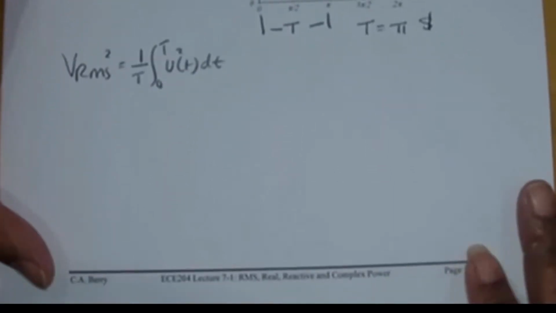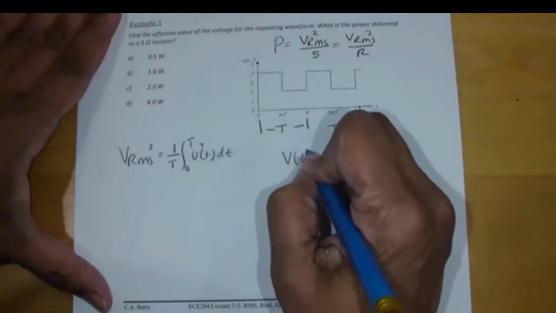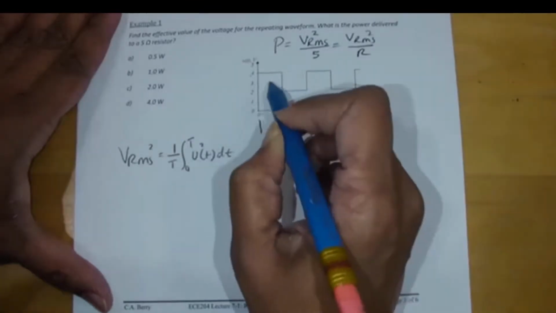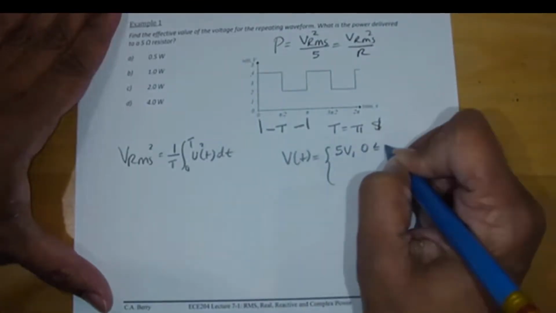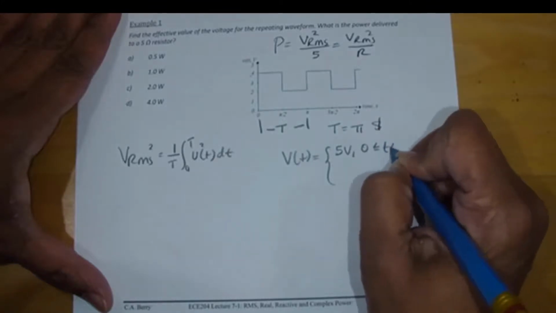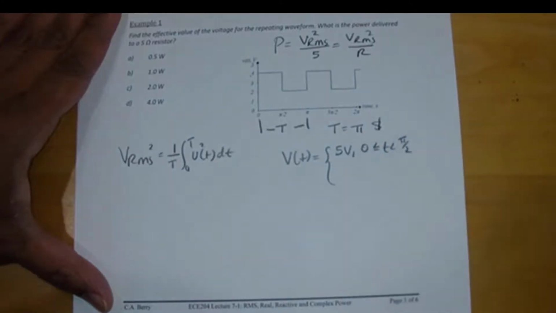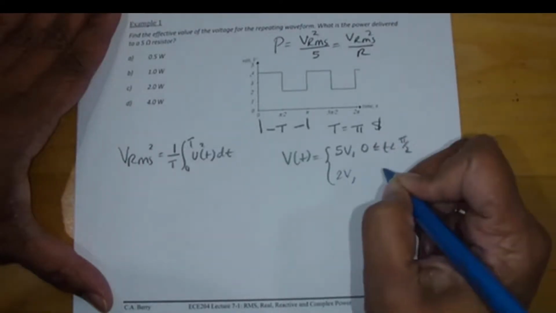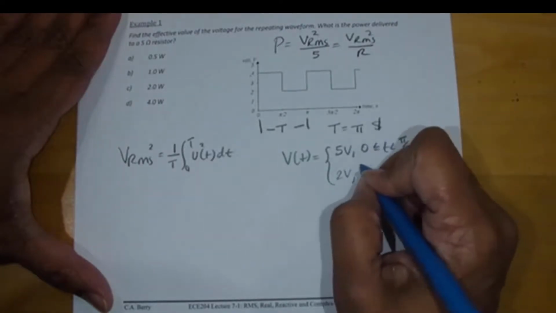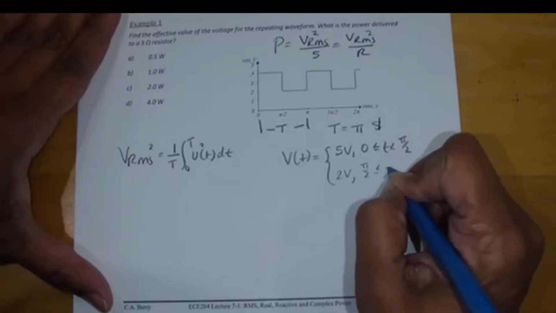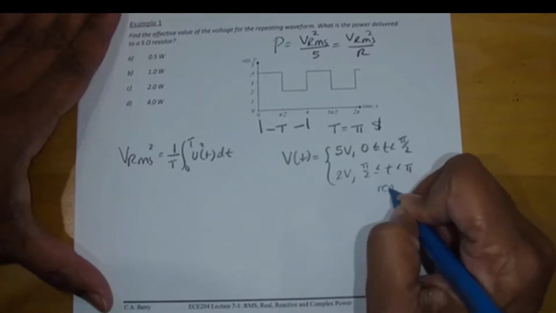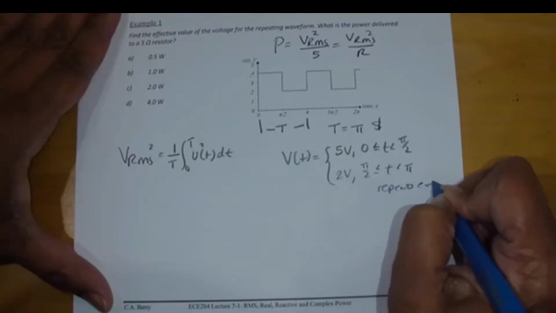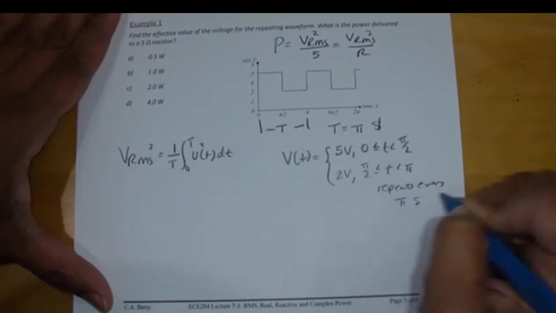The equation for V of t for 1 period is 5 volts between 0 and pi over 2, and then it's 2 volts between pi over 2 and pi, and then it repeats every pi seconds.